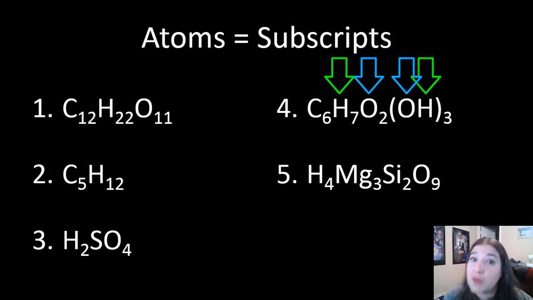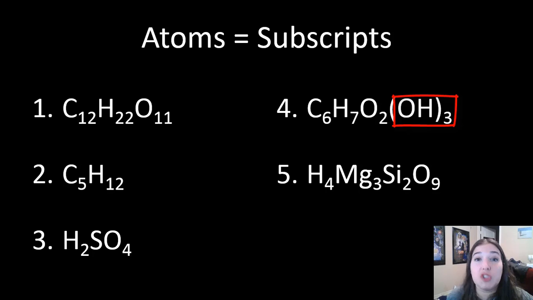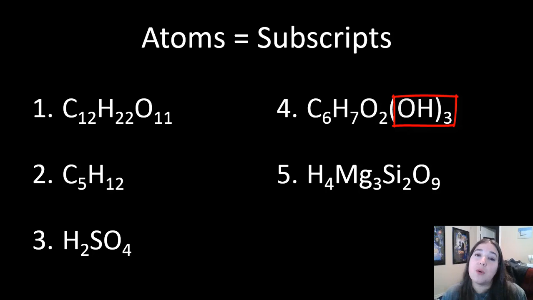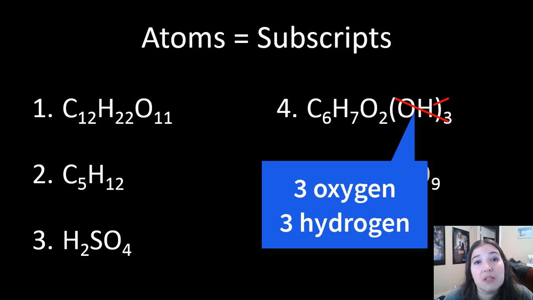First of all, I have my parentheses. So I'm going to have to distribute this 3 between the O and the H only on the inside, not the 7 and the 2. They're outside the parentheses. So inside the parentheses, I now have 3 oxygen and 3 hydrogen. Well, if I have 3 hydrogen inside the parentheses and 7 hydrogen outside the parentheses, how many total hydrogens do I have?